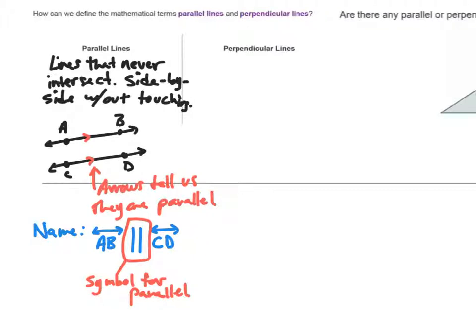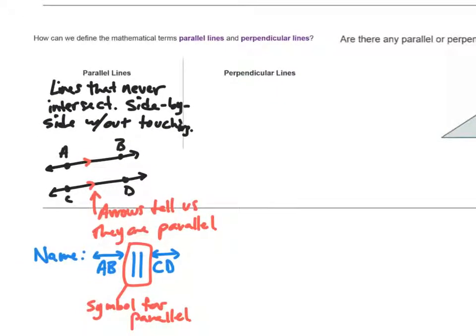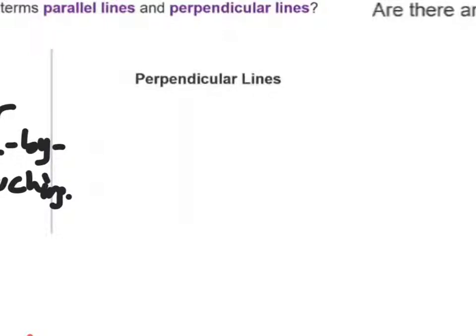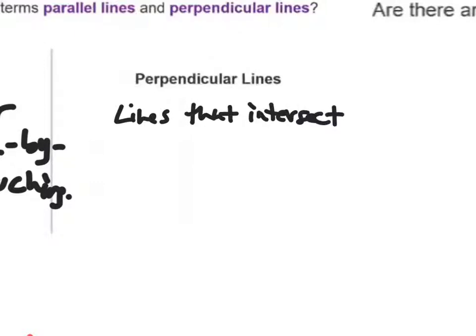Perpendicular lines. These are lines that intersect to form a 90-degree angle.